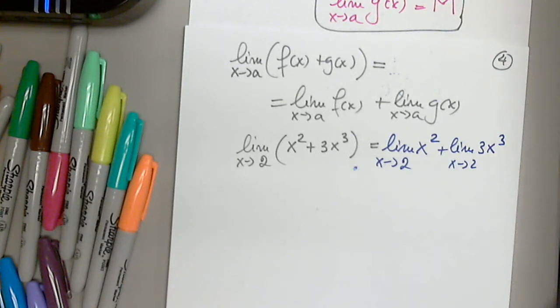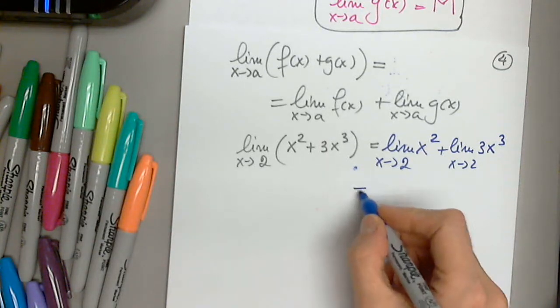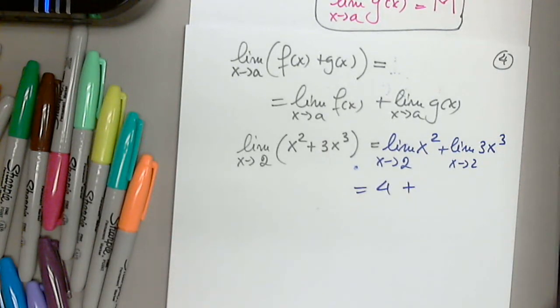Okay. So what do you think this will equal? As x approaches 2 from either side, which value will x squared approach? 4, of course. Plus, as x approaches 2 from either side, where will the function value of 3x cubed go?